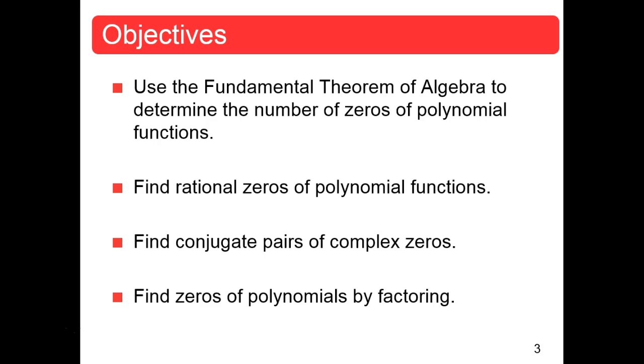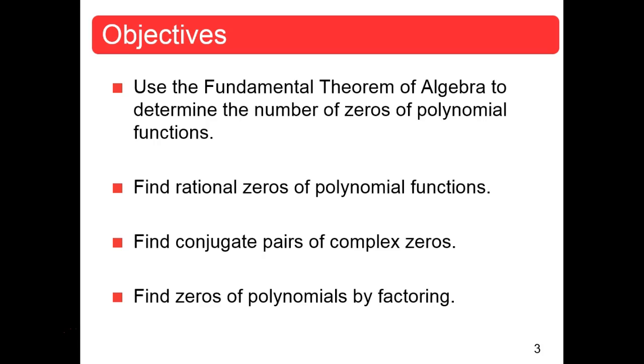So we're going to start trying to. We'll use the fundamental theorem of algebra to determine the number of zeros of a polynomial function. We'll find the rational zeros. Ha! Those will be fun. Then we'll find conjugate pairs of complex numbers. We're kind of going to skip that. I'll show it to you, but you won't be responsible for it. And then we'll find the zeros of polynomials by factoring.